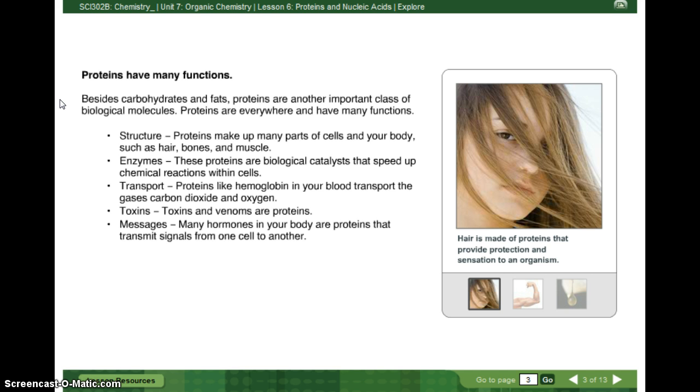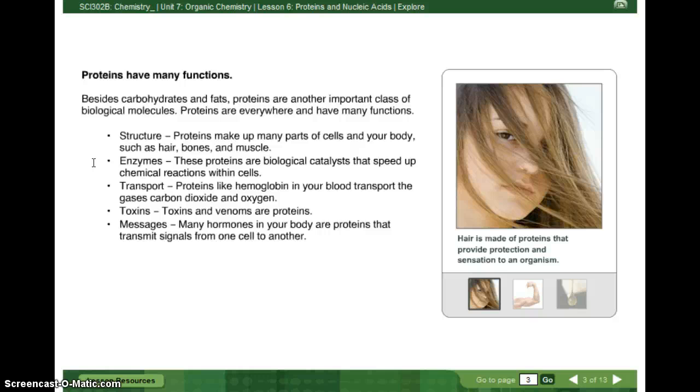Proteins have many functions. Besides carbohydrates and fats, proteins are another important class of biological molecules. Proteins are everywhere and have many functions. First function is structure. Proteins make up many parts of your cells in your body, such as hair, bones, and muscle. Proteins can be enzymes. These proteins are biological catalysts that speed up chemical reactions within the cell.